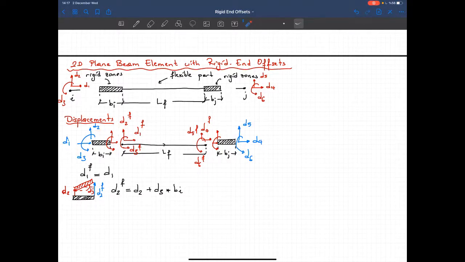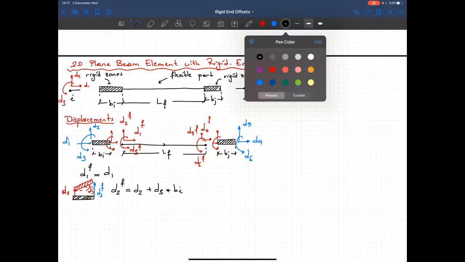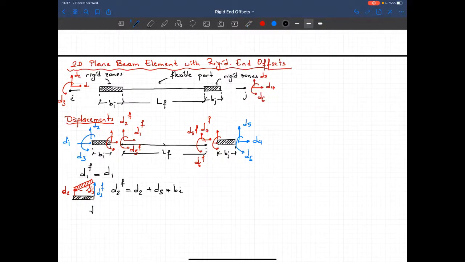What about the rotation? Since this member is rigid, whatever I see as a rotation at this end, I should see the same rotation at the other end. So d3f should be equal to d3. Now let's take a look at this figure, and write down the relationship between these degrees of freedom.